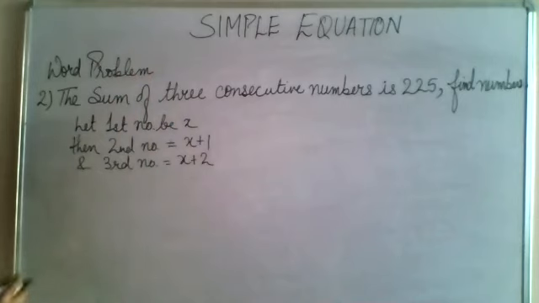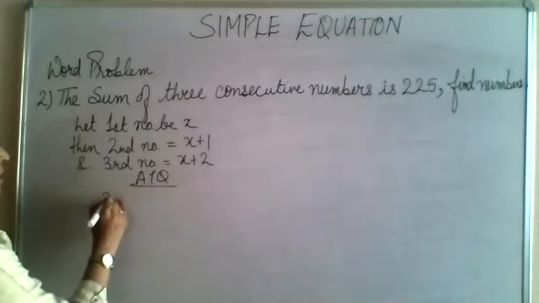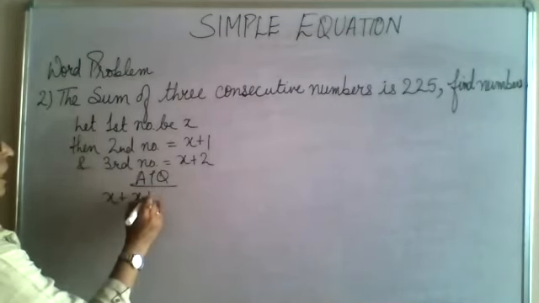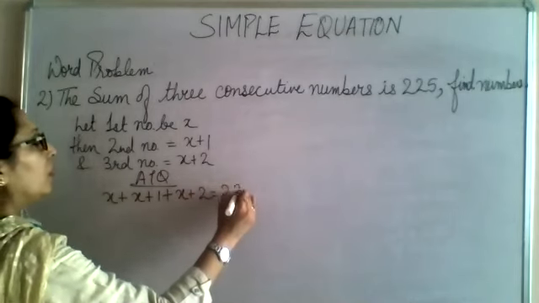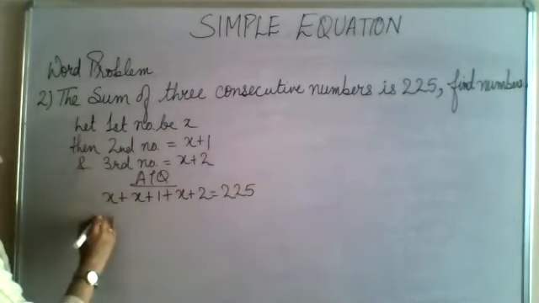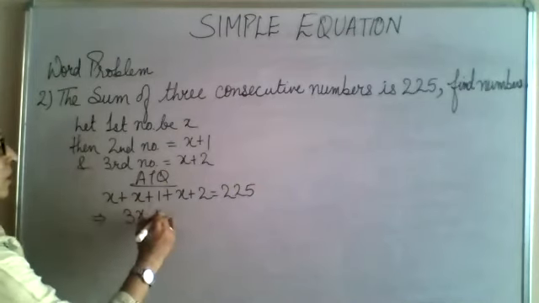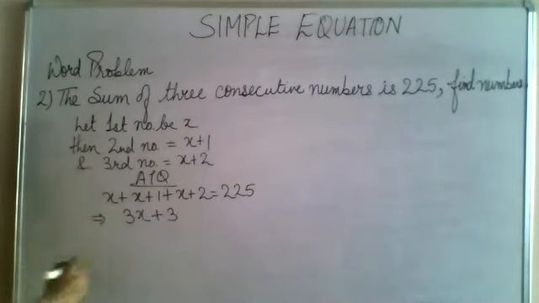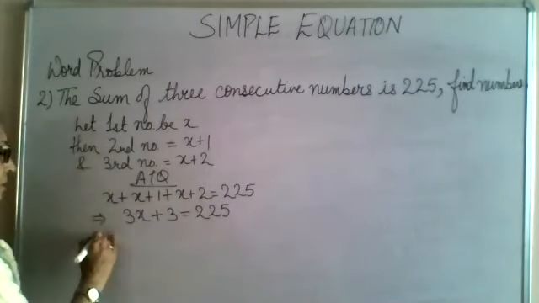Now, according to the question, if you add all these three numbers, your answer should come to 225. So x plus x plus 1 plus x plus 2 equal to 225. How many x are here? 3. 1 plus 2 is 3, so 3x plus 3 equal to 225.